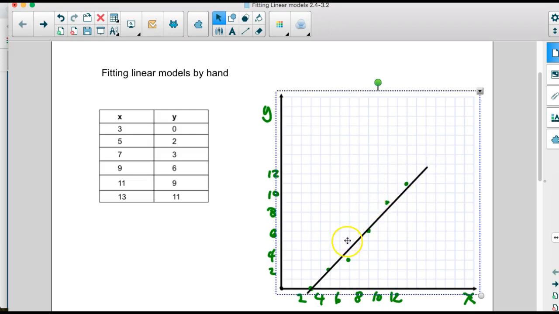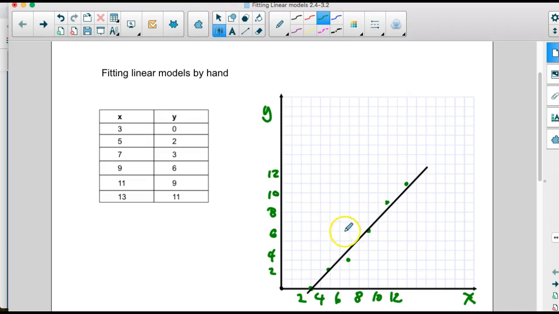We have a couple of points below and a couple above. For my ordered pairs, I'm going to use 9, 6, because my line goes through that ordered pair, and I'm going to use 5, 2 as well.